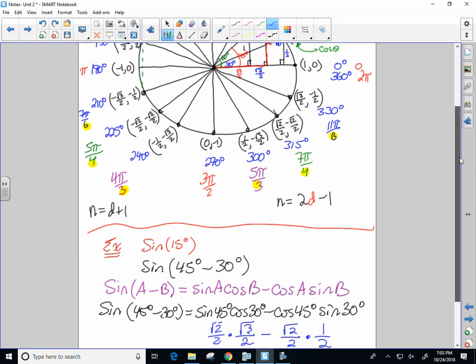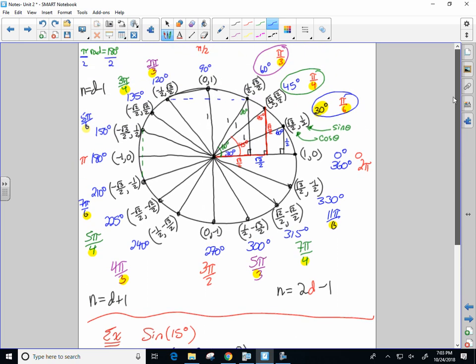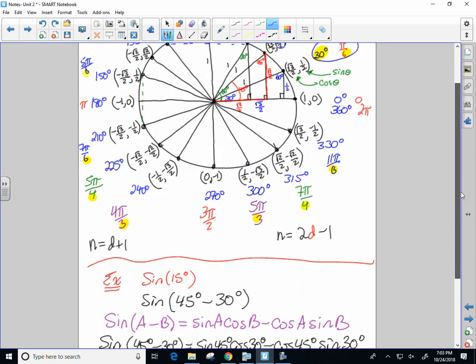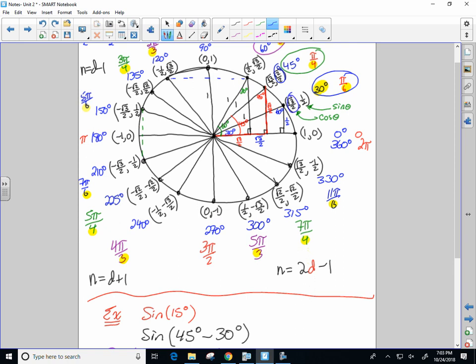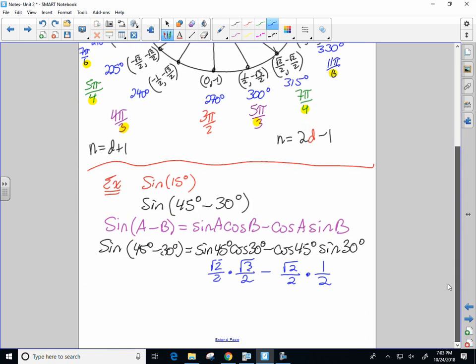So sine of 45, that's the y value at 45. Cosine of 30, that's the x value at 30. So just based on my mental snapshot of the unit circle, I get those measures. So radical 6 minus radical 2 all over 4.